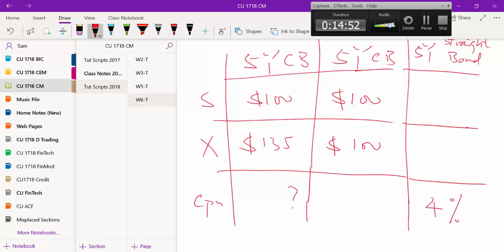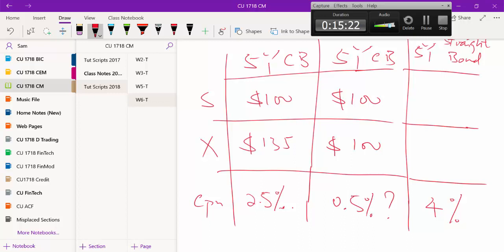First of all, is it more than 4% or less than 4%? Less, okay? It has to be less. So let's just say 2.5, okay? Without knowing anything else. Now, I ask you, for this one, would it be less than 4 or more than 4? Less. Is it going to be less than 2.5 or more than 2.5? It has to be even less, right? So maybe 0.5, who knows, right?